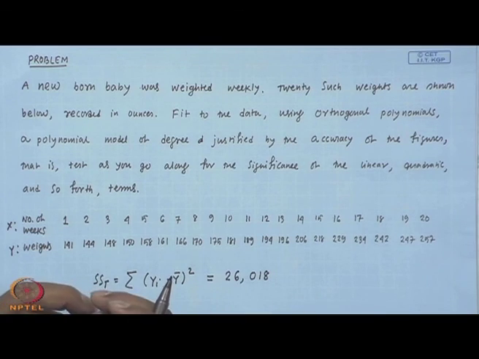And similarly, SS regression due to alpha 3 will give the amount of variability that is explained by the cubic term. So, you see how much of the variability is explained by alpha 1, by alpha 2, and by alpha 3.